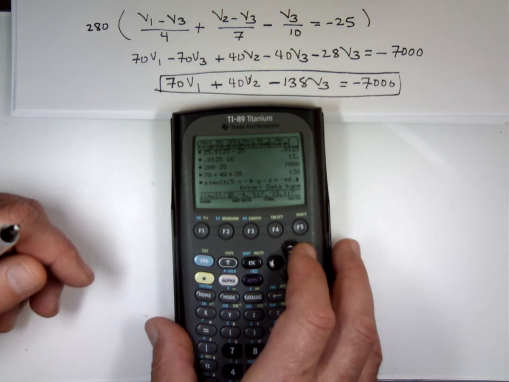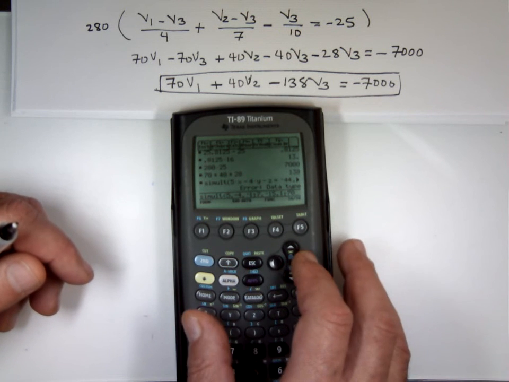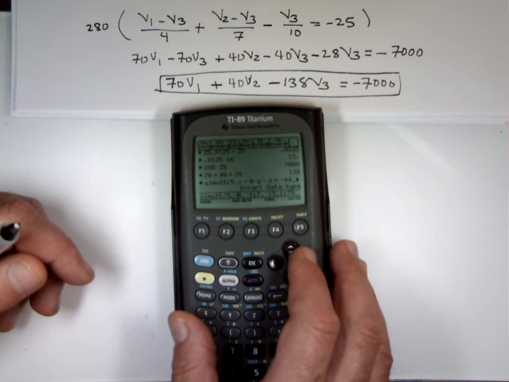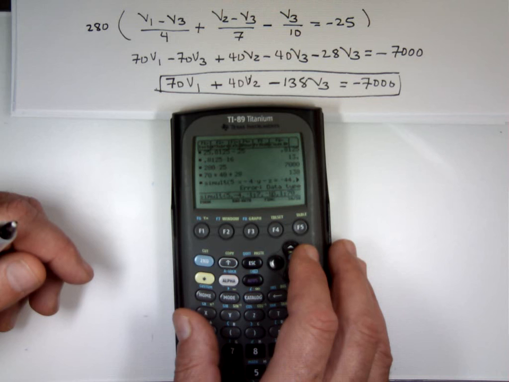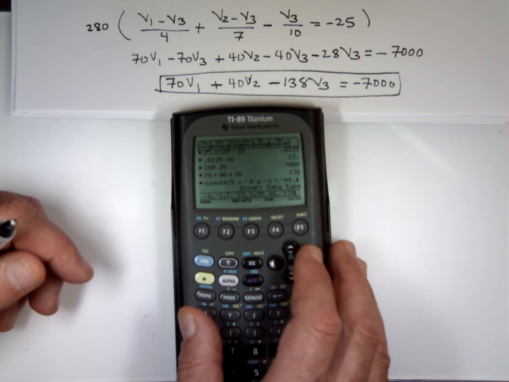So it's 5, negative 4, negative 1, semicolon, 7, negative 15, 1, semicolon, 70, 40, comma, negative 138, close that. You're right, I put 2 commas here.